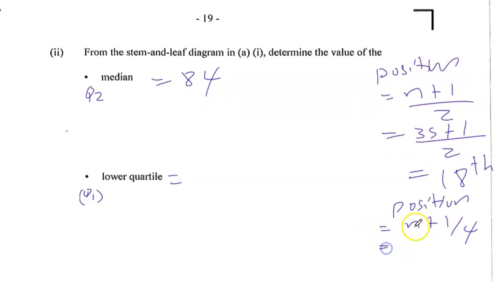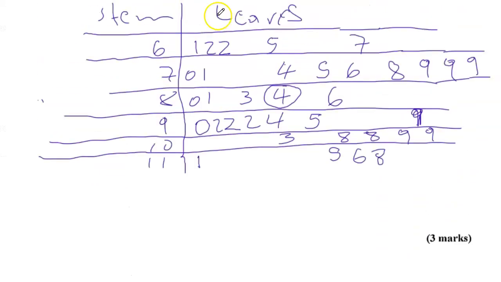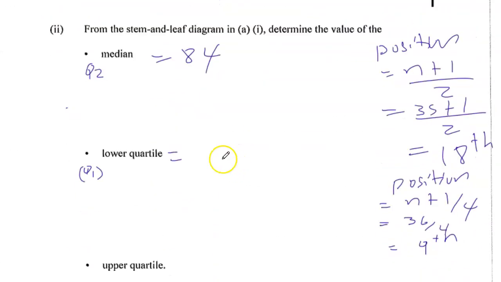N is 35, so 35 plus 1 is 36 divided by 4, and that's 9. Sorry, the lower quartile is not 9. The lower quartile is the 9th number. So 1, 2, 3, 4, 5, 6, 7, 8, 9. So the 9th number is 75. So the lower quartile is 75.